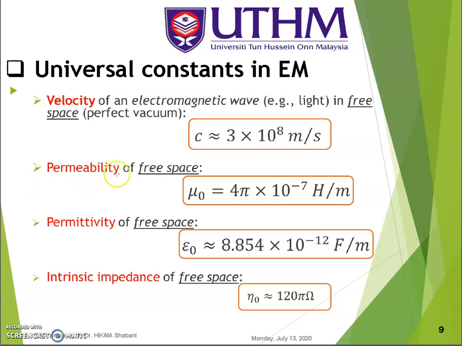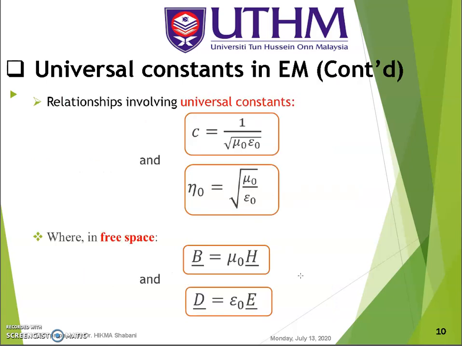We have the permeability of free space, mu naught, which is given by this value in Henry per meter. We have the permittivity of free space, epsilon naught, which is given by this value, and we have the intrinsic impedance of free space, which is given by this number, 120 pi.